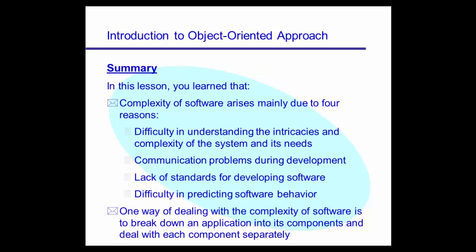So this is a summary of what we have learned until now. We learned about the various complexities that occur in software development. They arise mainly because of the difficulty in understanding software systems, lack of communication, lack of standards for developing software, and difficulty in predicting software behavior.